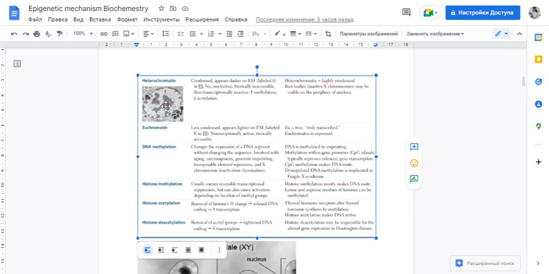And here we can see nucleolus, which is on the center.